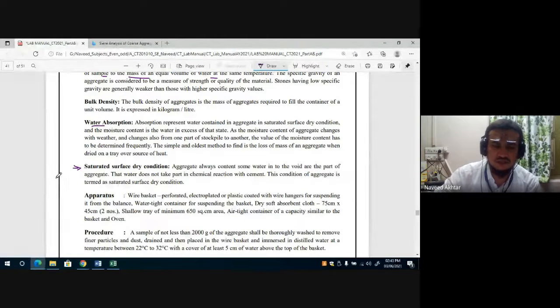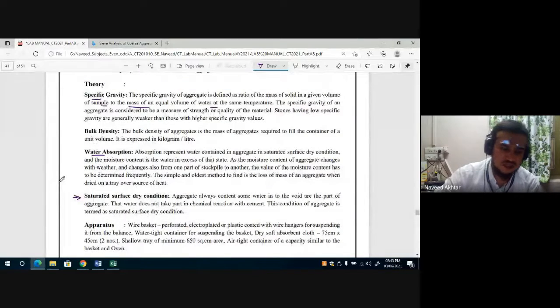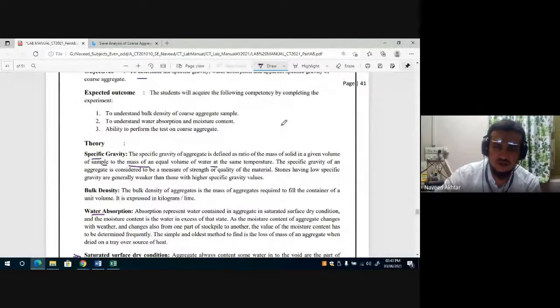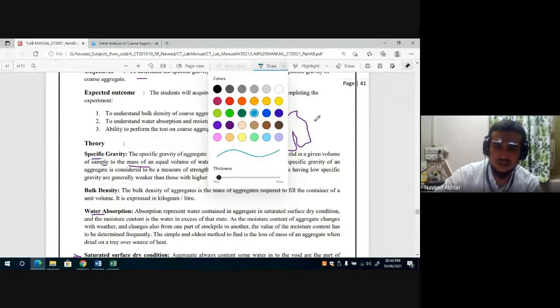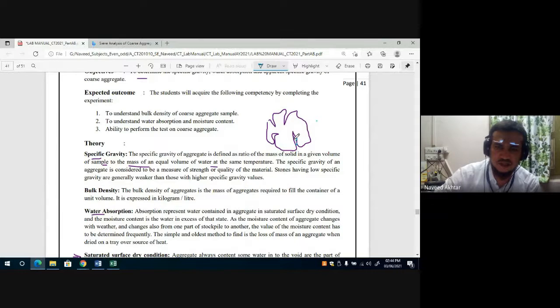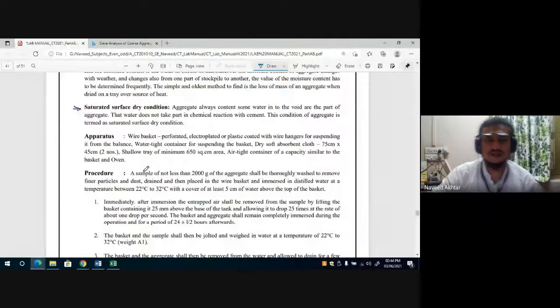As explained in the previous practical, this is your aggregate particle with the pores on the surface. The water is present inside the pores, but the surface of the aggregate looks dry. This condition is called the saturated surface dry condition.